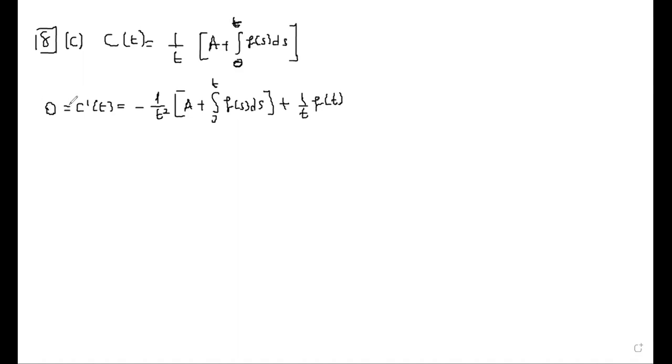As we have this equality, 0 is equal to that. Let's first rewrite it with parentheses: minus 1 over t, we get 1 over t times this integral again, ds, minus, as we have minus there, f of t.